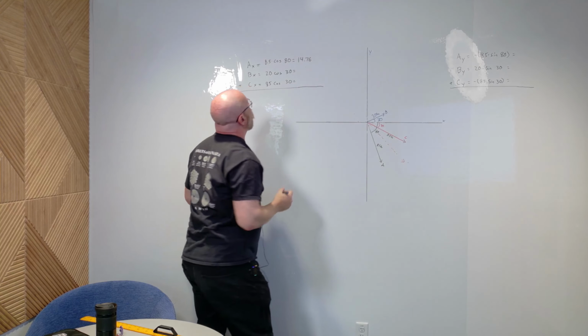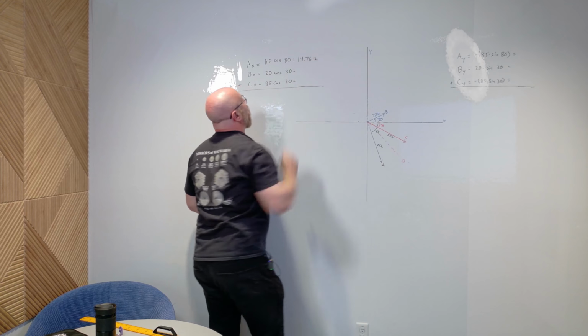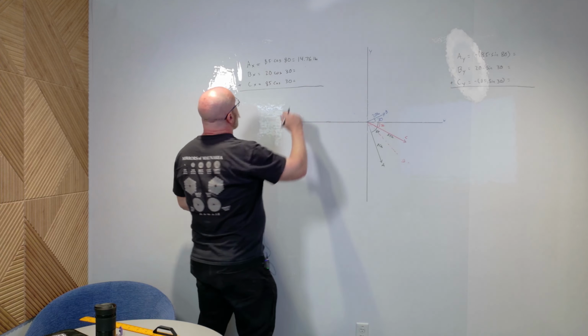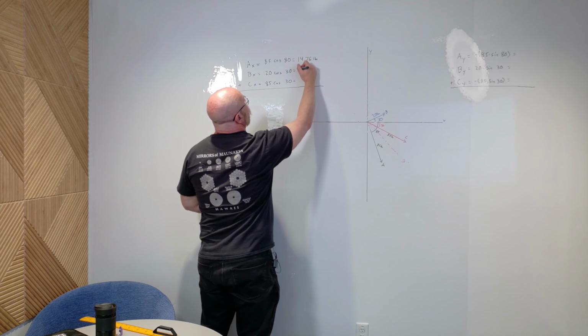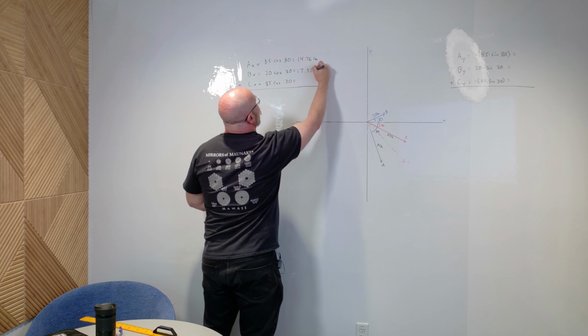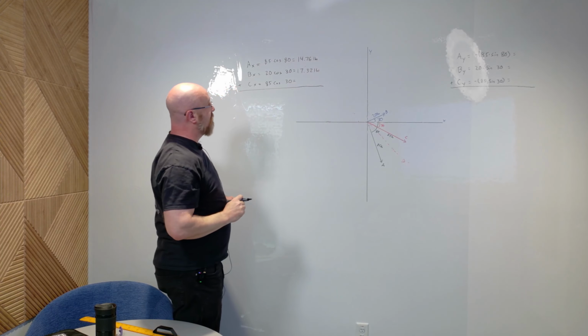14.76, and these are all in pounds. Okay, and then if we're looking at our next one, Bx, 20 cosine 30, we're at 17.32 pounds. And then for Cx, we have 85 cosine 30.